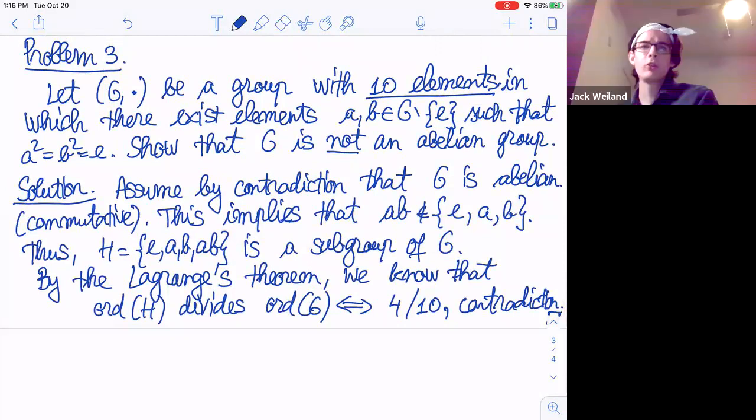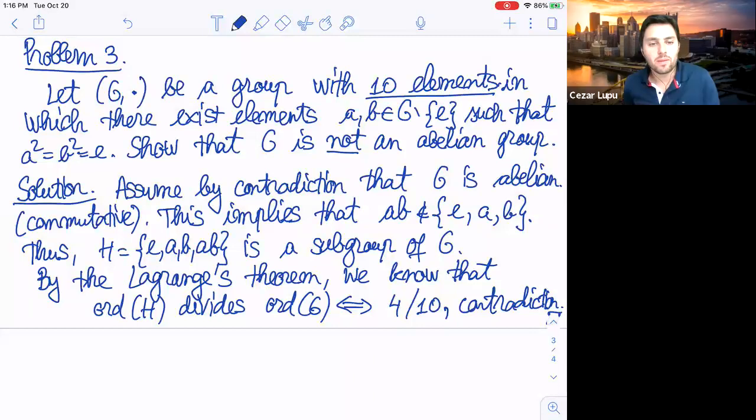Okay. Then could you just take the dihedral group on 5 vertices? Because that has 10 elements and it's not abelian, and it has 2 elements which do have. Wait, that's an example you mean, right?